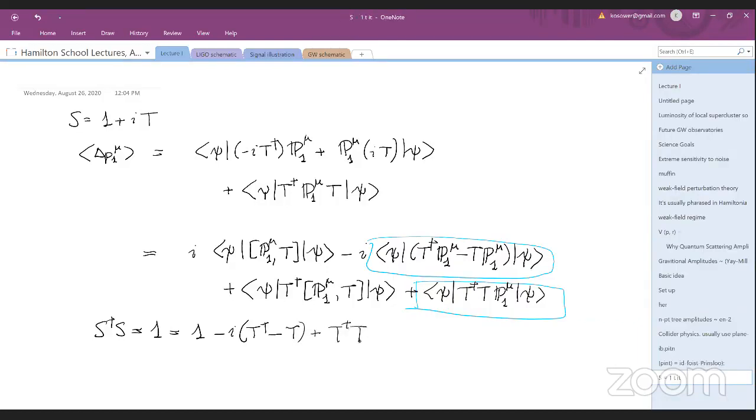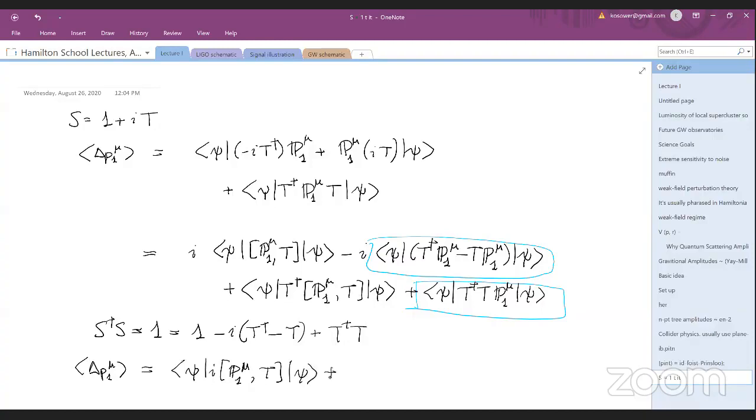So these terms will cancel, and that means that we can write out our master formula for the impulse in terms of these commutators of the momentum operator with the transition matrix.